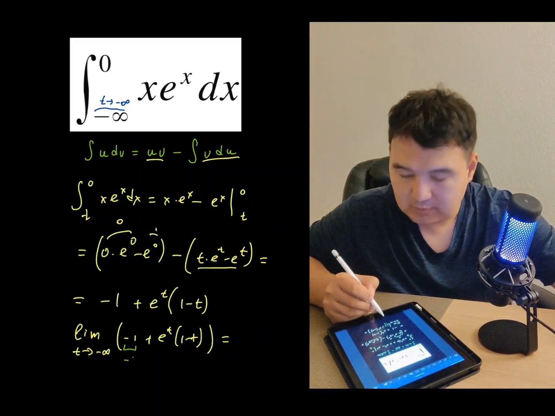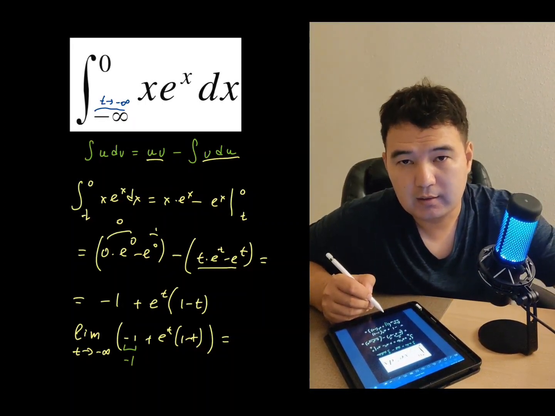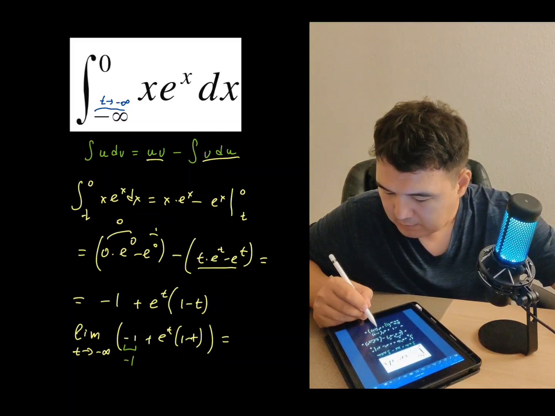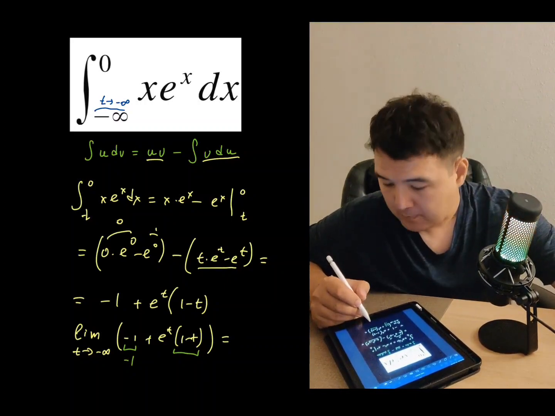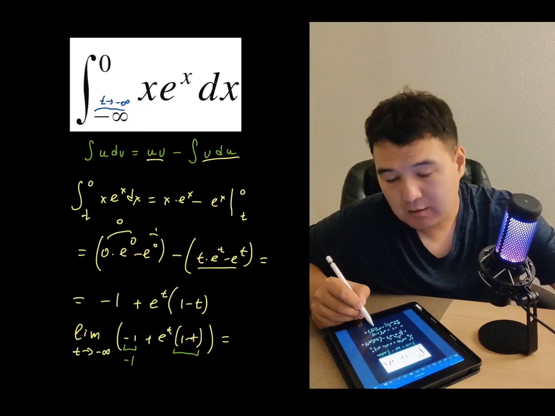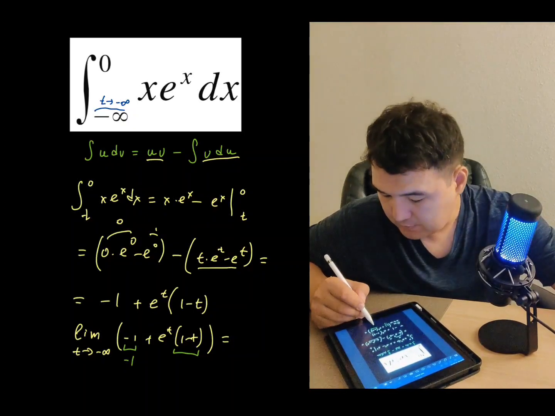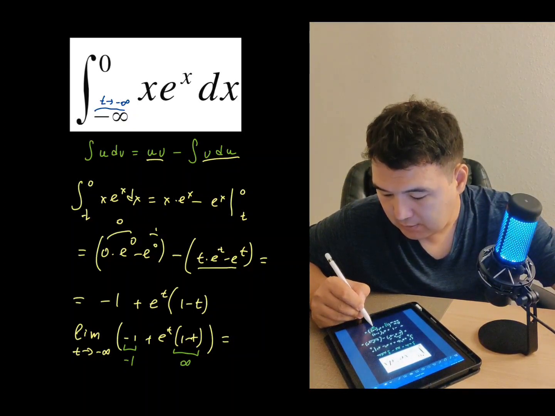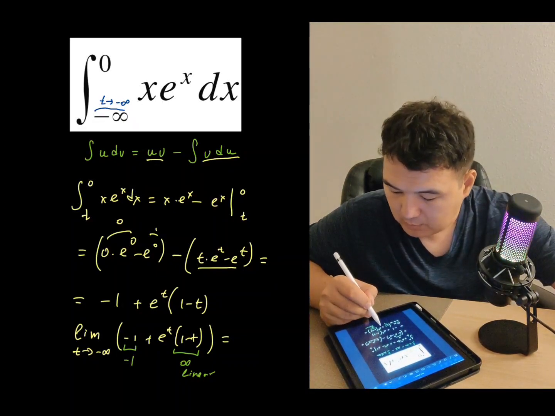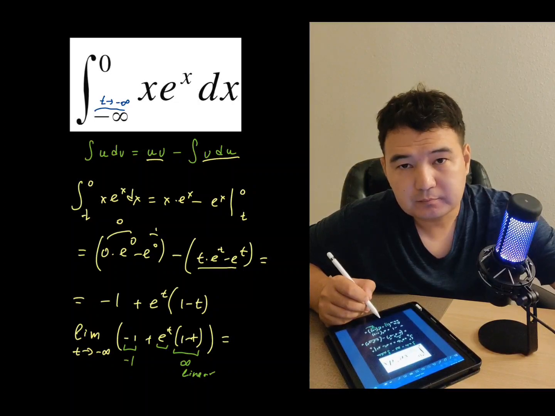Because this negative 1 stays as negative 1, right? It's a constant. But this 1 minus t, with t going to negative infinity, becomes infinity, but it's linear. And what about e to the power t?